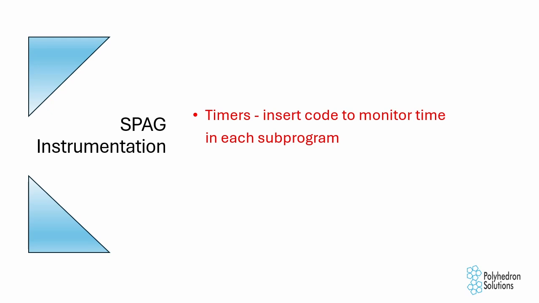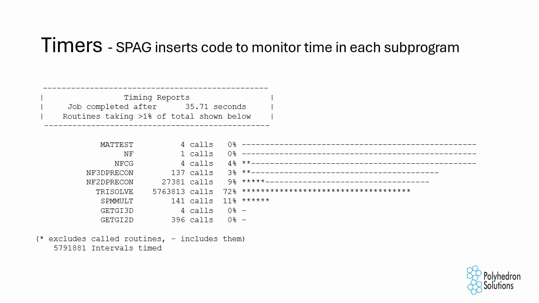You can have SPAG insert code to monitor the time usage in each subprogram. So having planted the timers, you recompile and relink your program as before, and SPAG produces an output file at the end of the run which details exactly how much time has been used in different parts of the program.